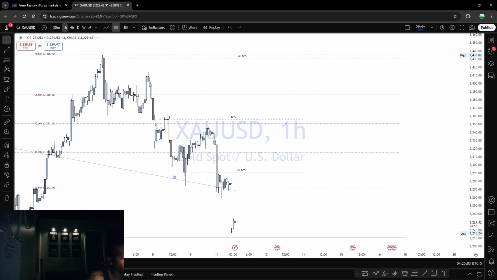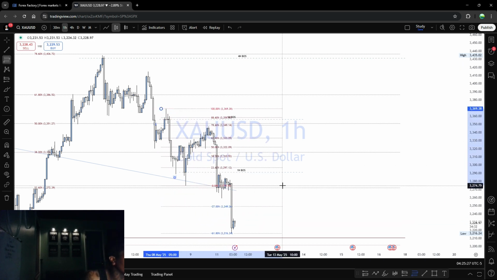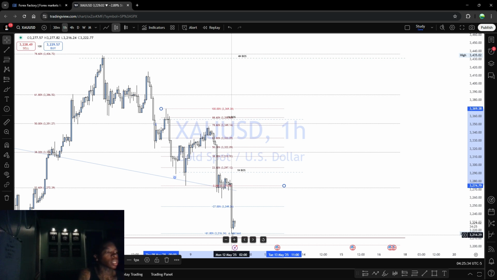Just real quick before we get into our back testing. I wouldn't say I really wish, but what we could have done to improve in this scenario, where we take that trade, of course, my bias was for price to go higher. If we were in a setup where price sold, we could have capitalized off of that. And you see from this impulse, correction, continuation, it was a -61.8 right here.